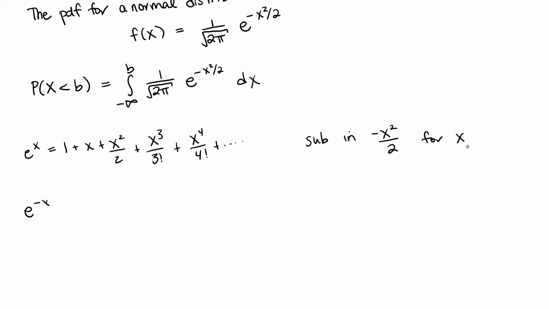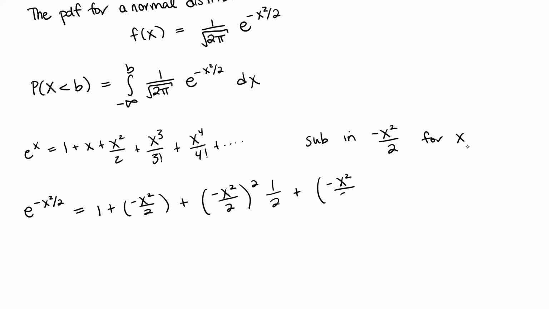So e to the negative x squared over 2 is equal to 1 plus negative x squared over 2 plus negative x squared over 2 squared. And then we still have the 1/2 from before. Then we've got negative x squared over 2, and we're cubing that.